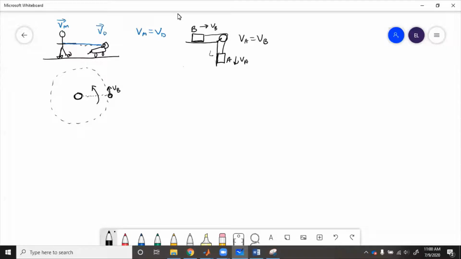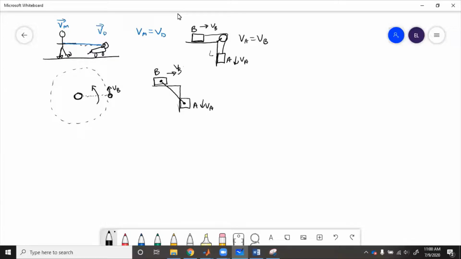And then if we have a situation like this one with the two blocks, we could have something like B is here, A is here, and instead they're connected like this. There's no pulley. While B is moving this way, A is moving this way.